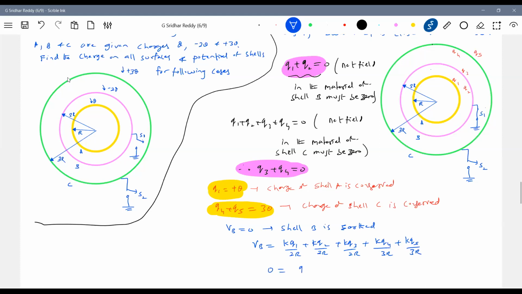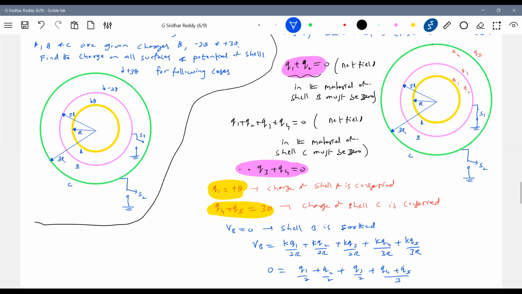So K by R gets cancelled. So Q1 by 2, Q2 by 2, Q3 by 2, Q4 by 3, Q5 by 3. Q4 plus Q5 will make it one common. Q4 plus Q5 will be 3Q, and Q1 plus Q2 is 0.